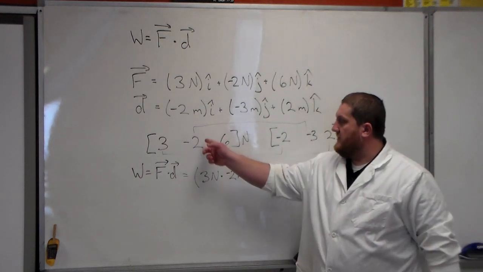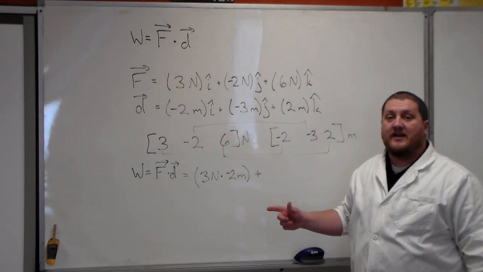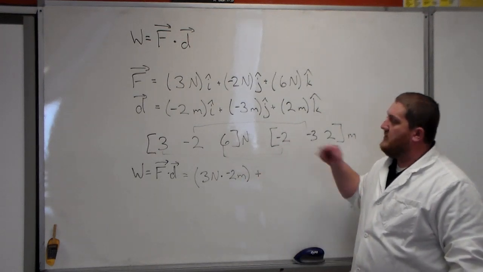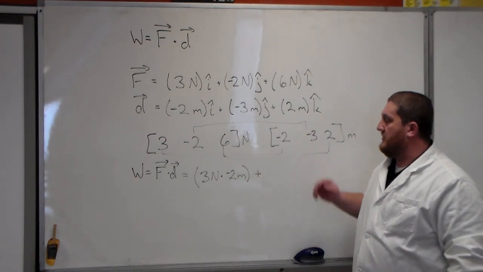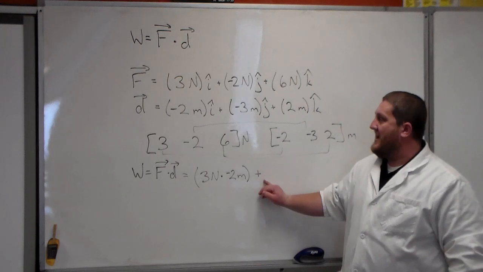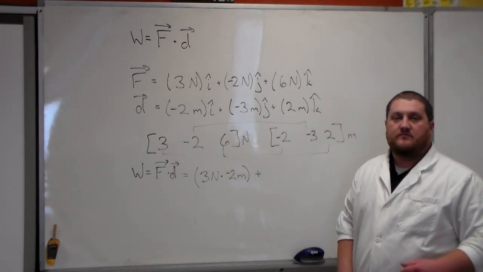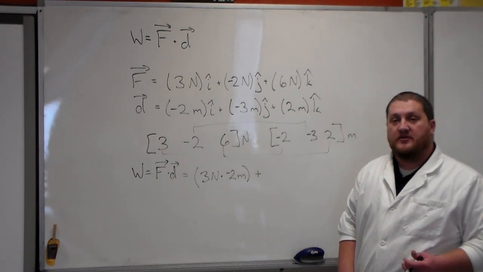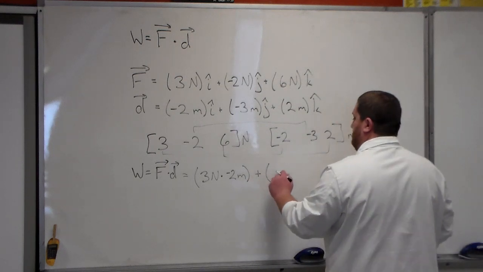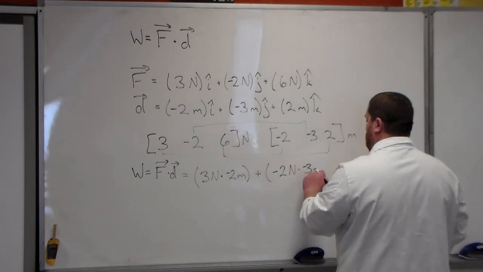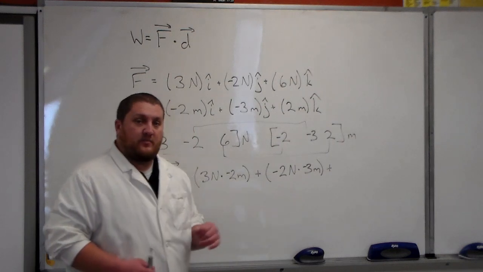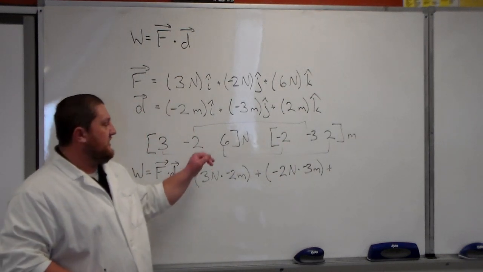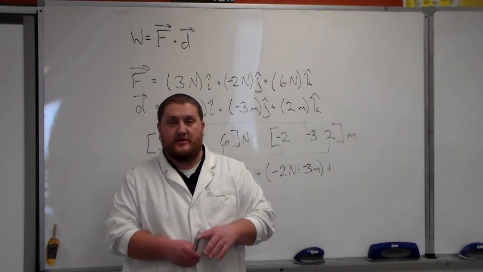I have the x component, or the i component of the force, multiplied by the i component of the displacement. Now I'm going to add the product of the j components. Now I'm going to add the product of the k components.